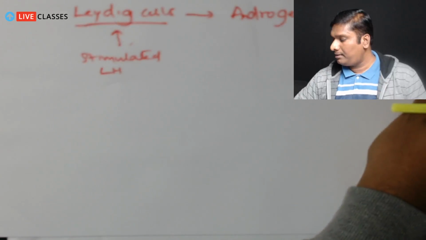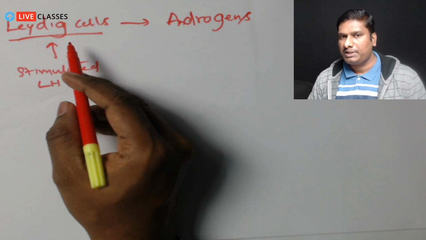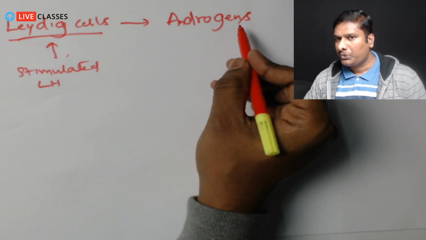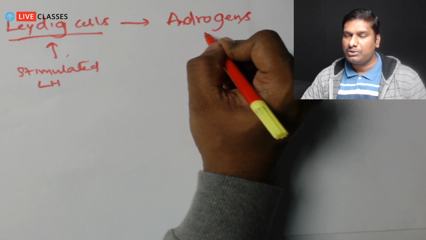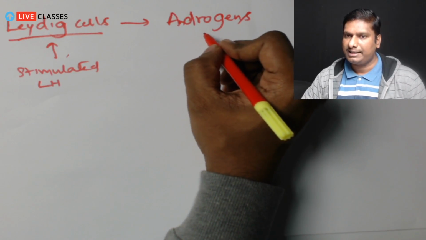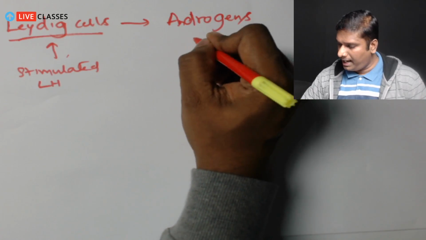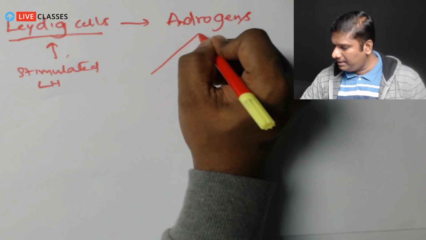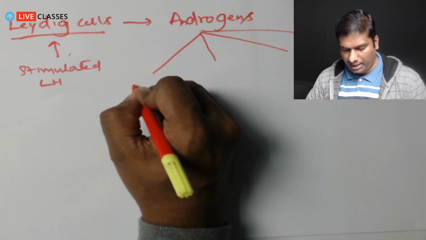When the Leydig cells are stimulated by the luteinizing hormone produced by the pituitary gland, they start to secrete the androgens. Androgens are also called male sex hormones, and a total of three are produced by the Leydig cells present in the stromal tissue.